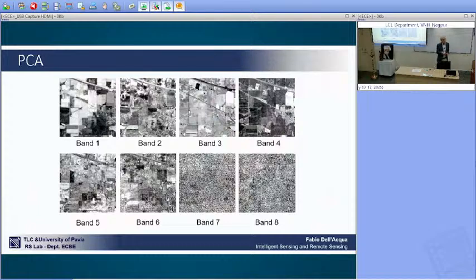Okay, because of correlation. If I use something like PCA, which exactly eliminates correlation, I can reduce significantly the number of bands while still conveying the same information.